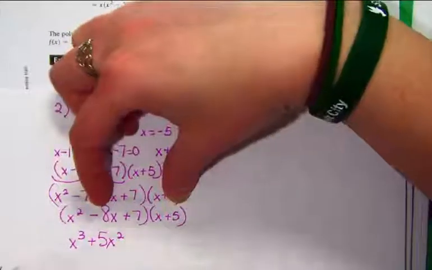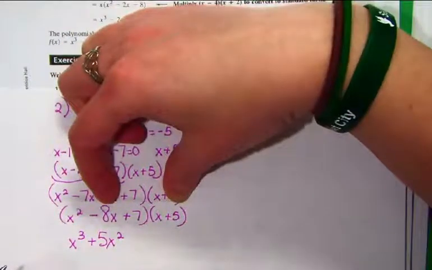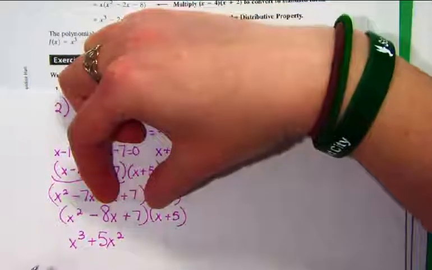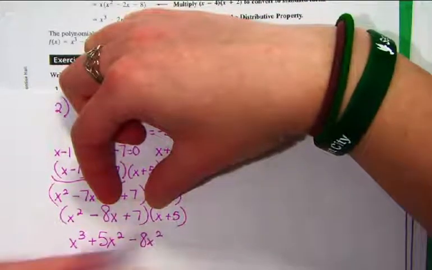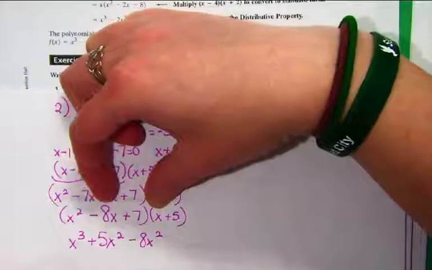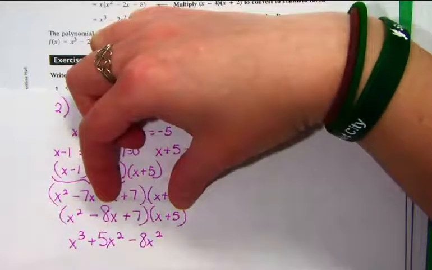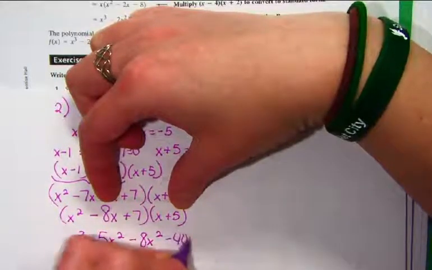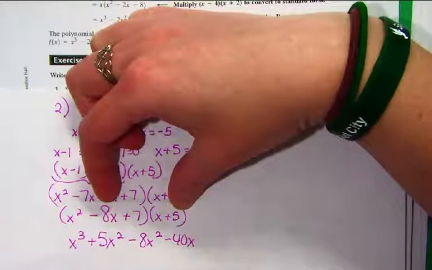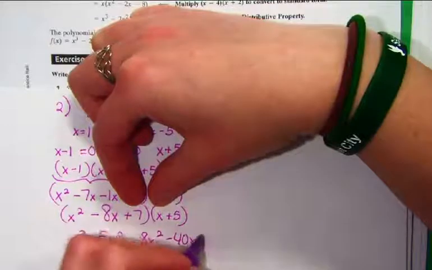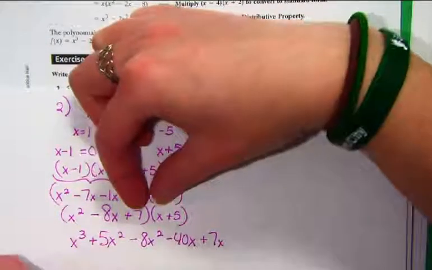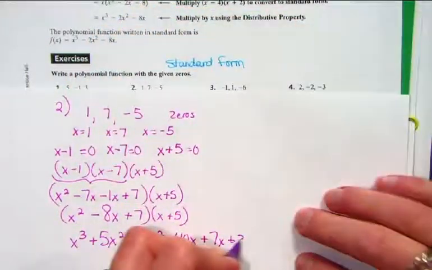My second term in this first set, negative 8x times positive x, negative 8x squared. Negative 8x times a positive 5, negative 40x. And now I'm multiplying this 7 by my two terms here. 7 times x is a positive 7x. 7 times 5 is a positive 35.